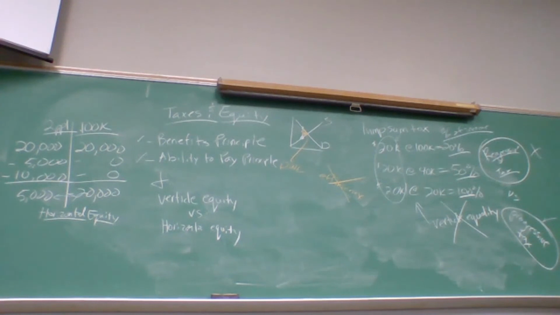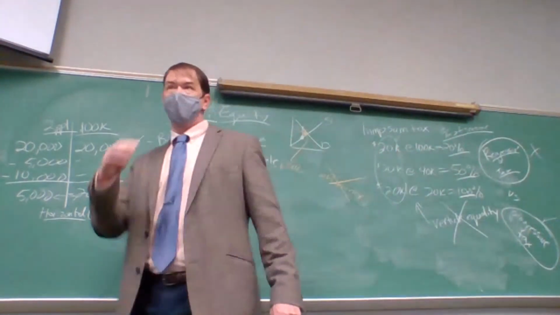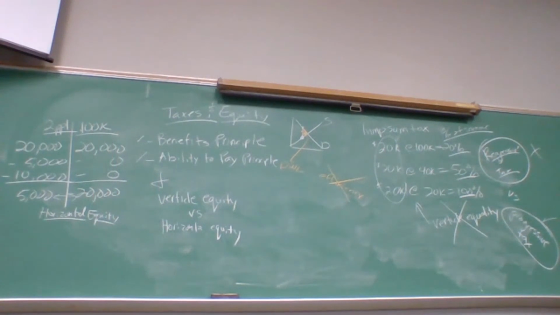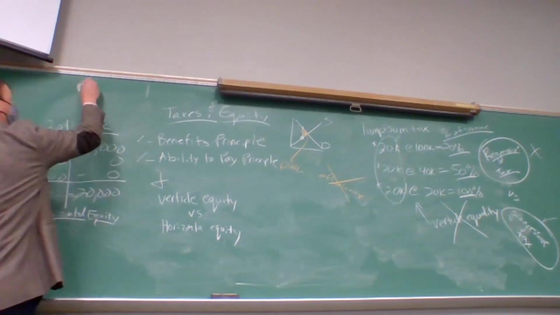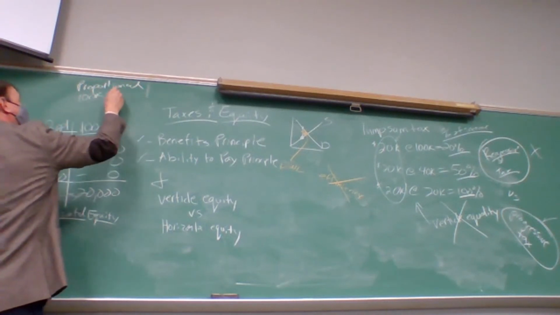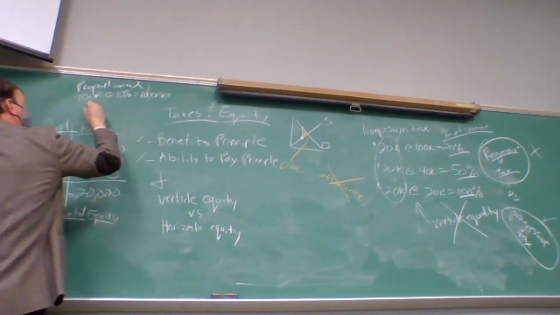Proportional taxes, regressive taxes, progressive taxes. We talk about regressivity, a tax for which high income taxpayers pay a smaller fraction of their income than lower income taxpayers do. This is regressive. Progressive, that's what we spent the first two-thirds of the class going over, the progressive tax brackets that we pay. Proportional tax is one in which high income and low income pay the same fraction. I'm a big fan of proportional taxes. Why? If you earn 100K at 10%, you pay 10,000.